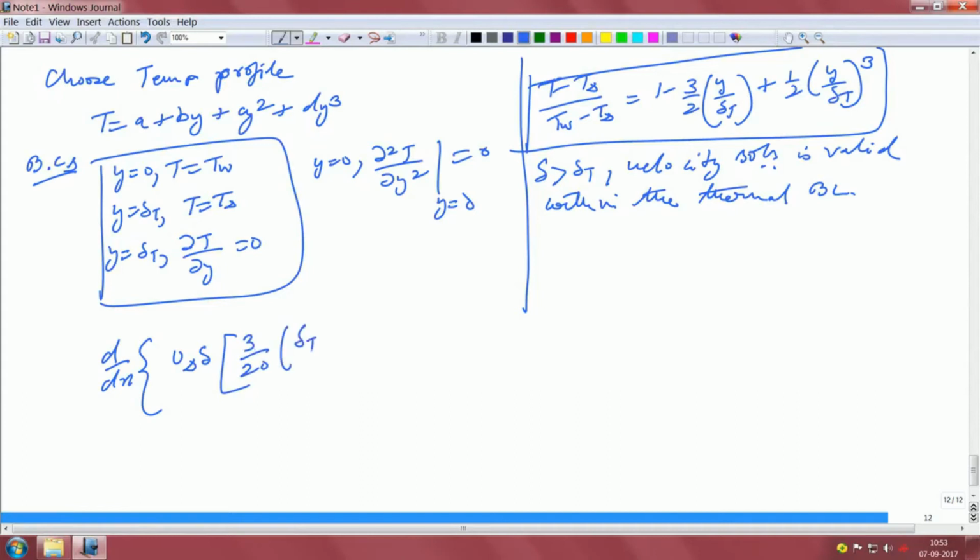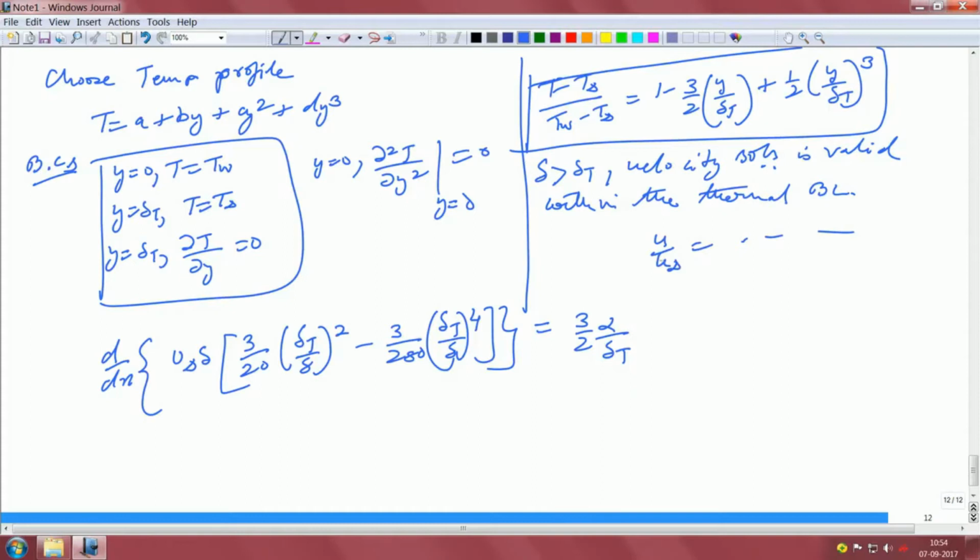So, this is delta t by delta squared minus 3 by 280 delta t by delta to the power of 4, close this bracket, is equal to 3 by 2 alpha by delta t. That is all that you get after you substitute these expressions and evaluate. So, basically you have to put in u by u infinity that we already found out and this particular expression over here into the previous expression, and you just need to go through the motion.